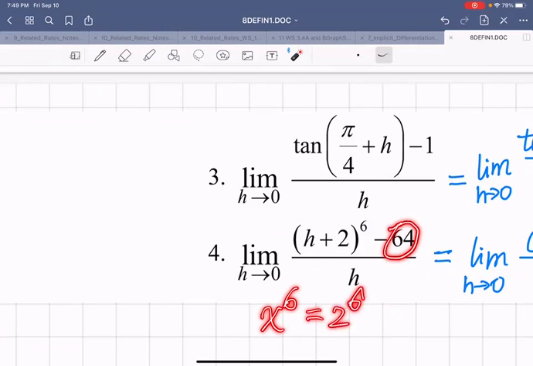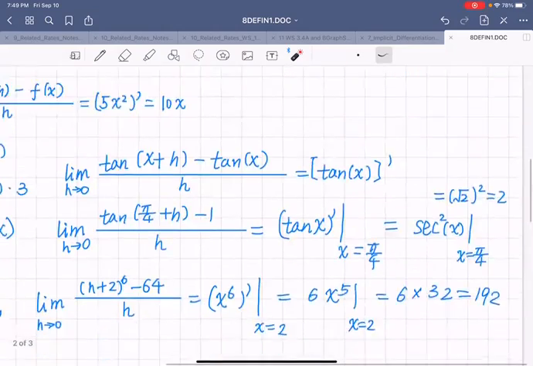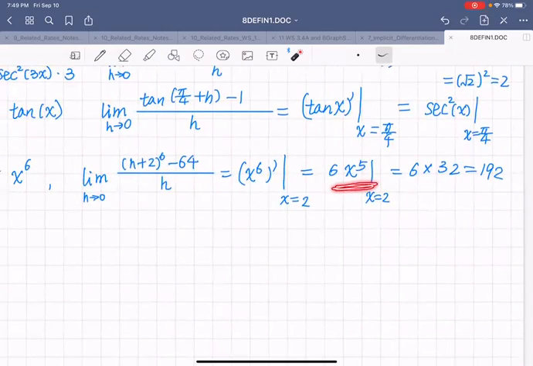So this is asking for the x to the power 6 derivative at x equals 2, which is 6 times x to the 5th. Makes sense now? Okay, very good.